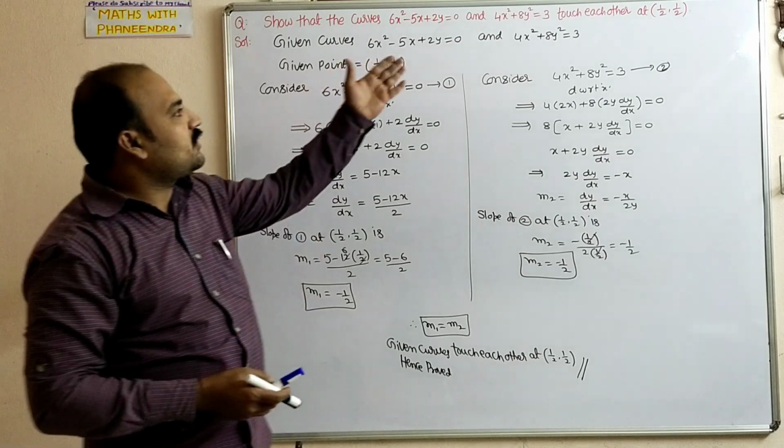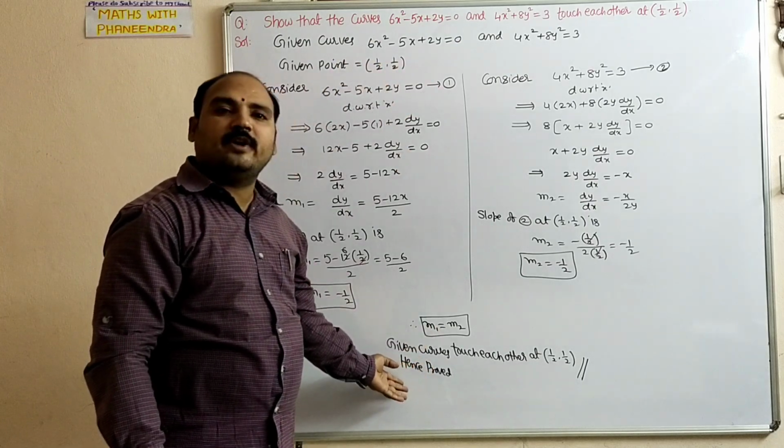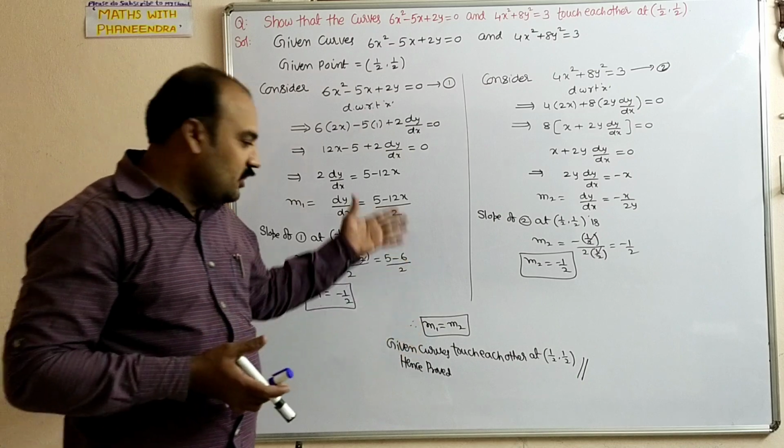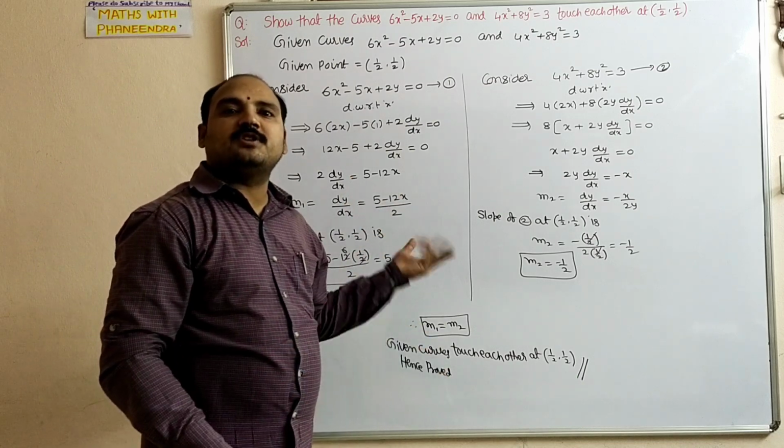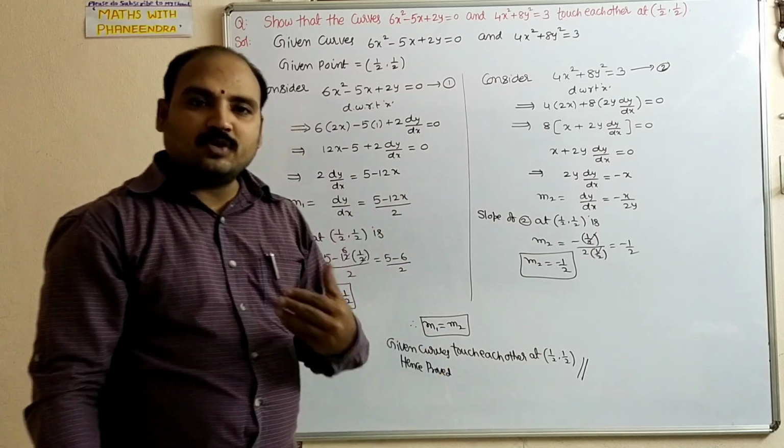They are asking to prove they touch each other at 1 by 2, 1 by 2. That is all we need. If you prove that m1 equal to m2, then the given curves touch each other. We'll move to the next question.